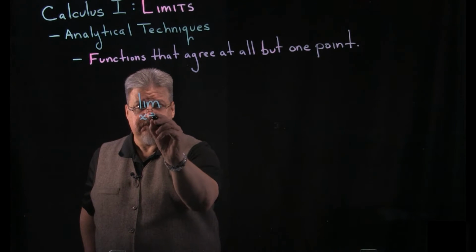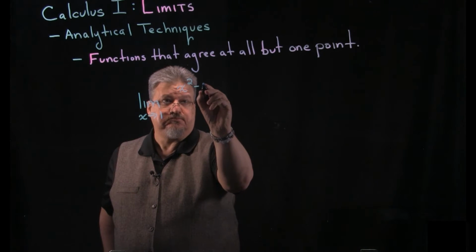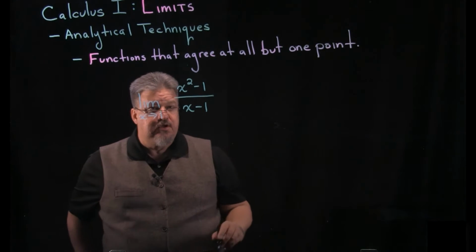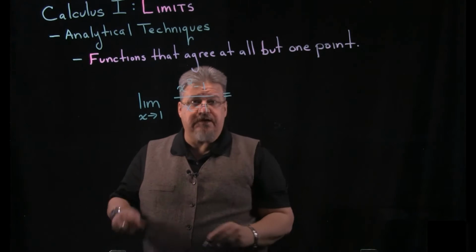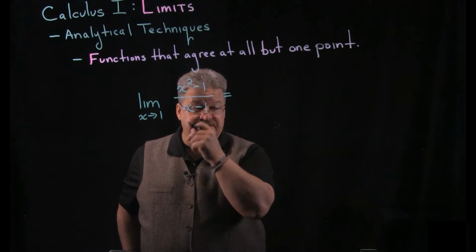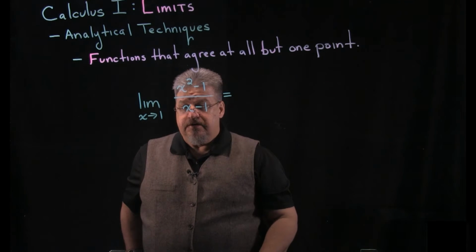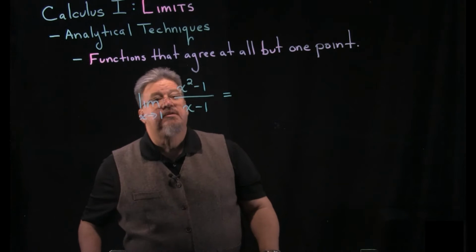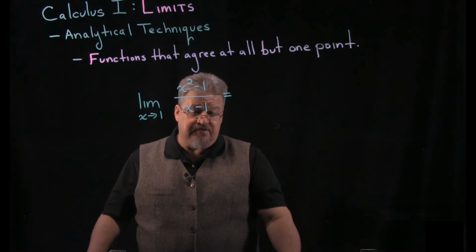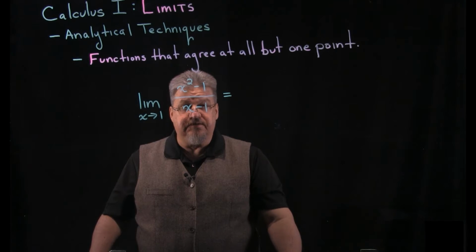Let's say we wanted to look at the limit as x goes to 1 of x squared minus 1 over x minus 1. First, let's observe that we cannot evaluate this limit through functional evaluation because the denominator, when evaluated at 1, is 0.